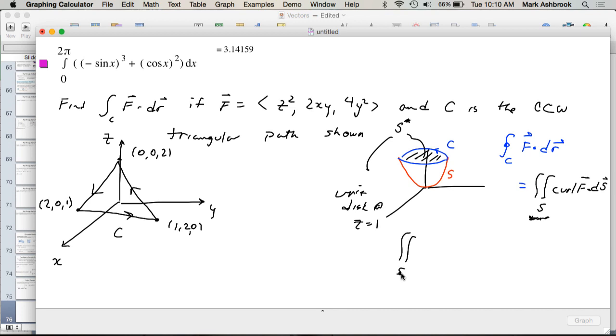What would be the surface integral over S star of the curl of F? We already know what that is. What should it be by Stokes' theorem?